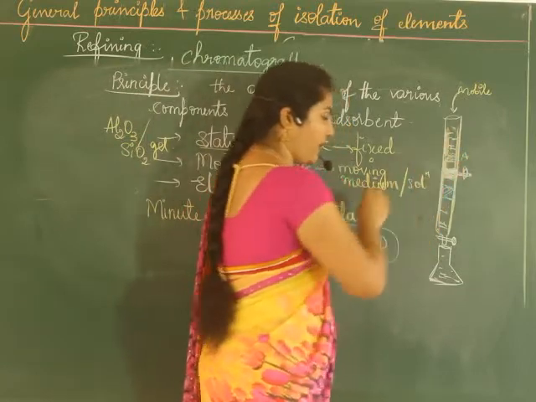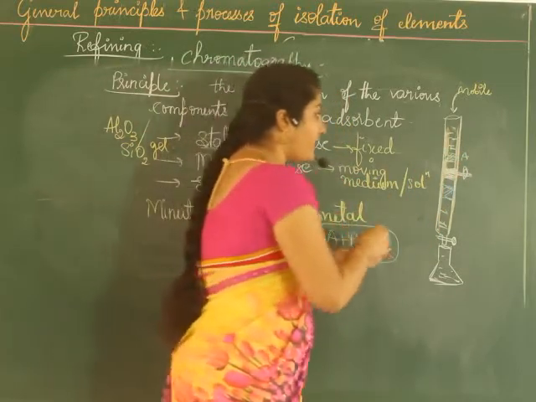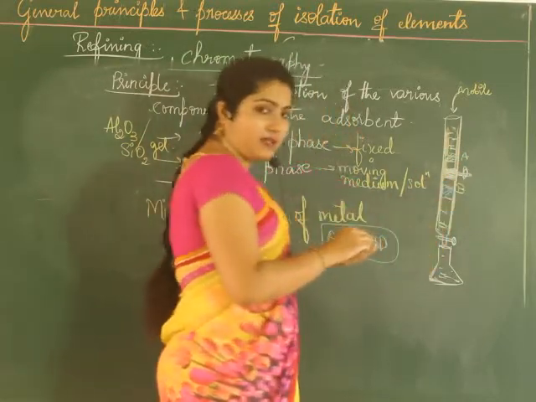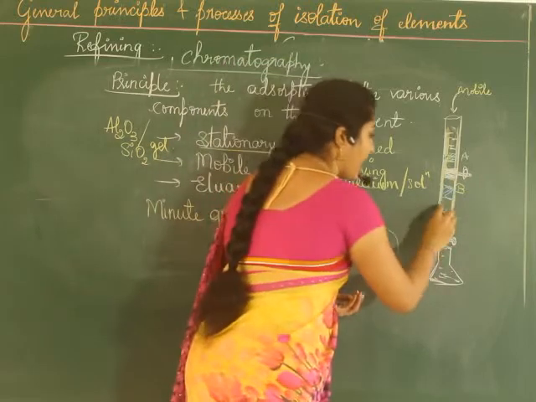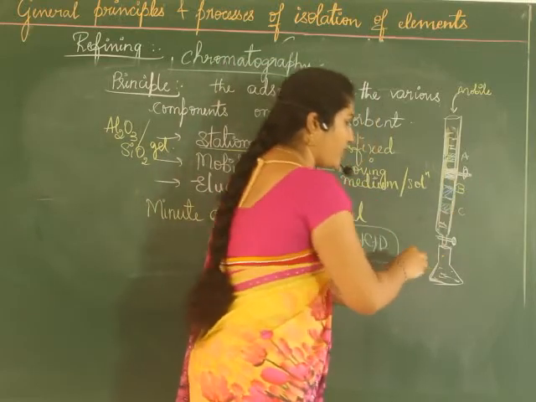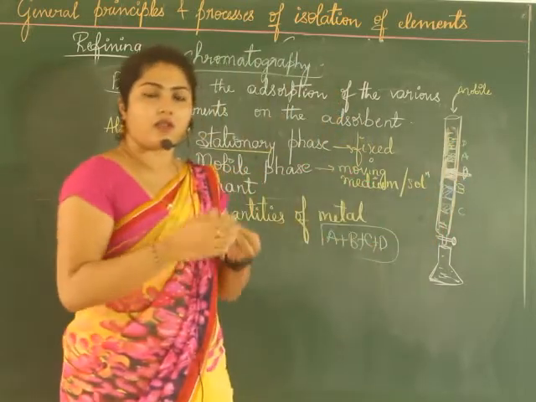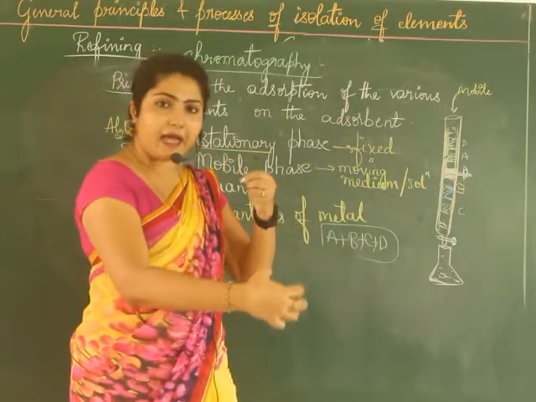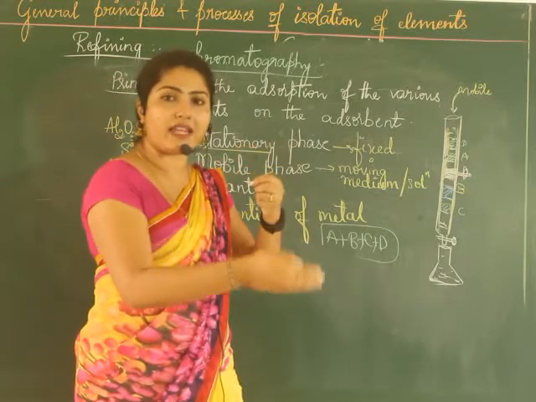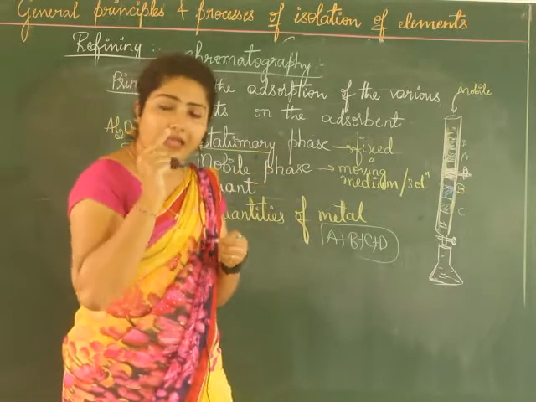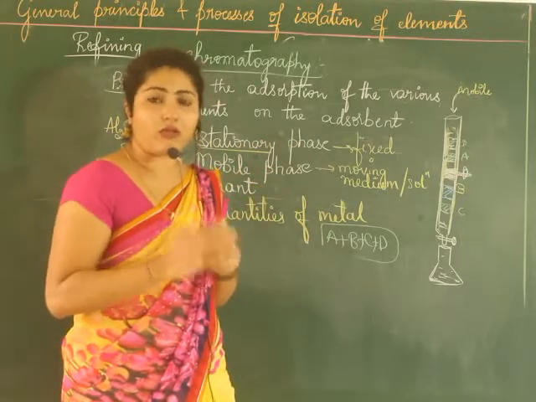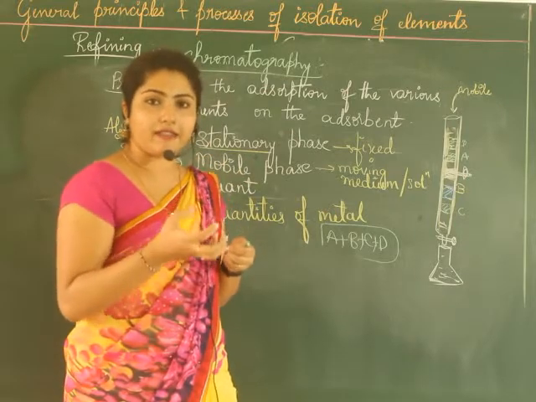At another point, component B gets adsorbed. At another point, component C gets adsorbed, or somewhere here, component D gets adsorbed. So at different areas, the components get adsorbed. That is the difference we want to take.